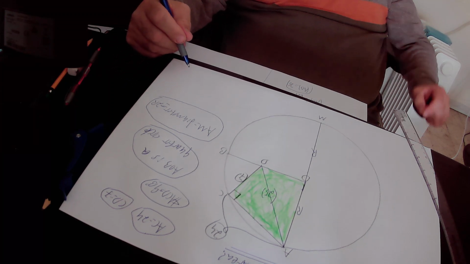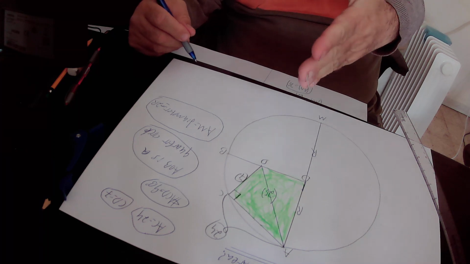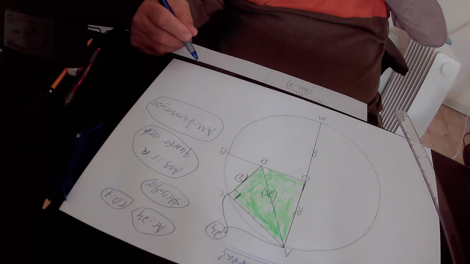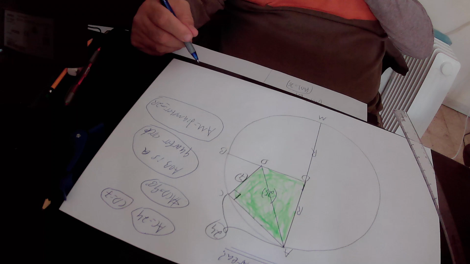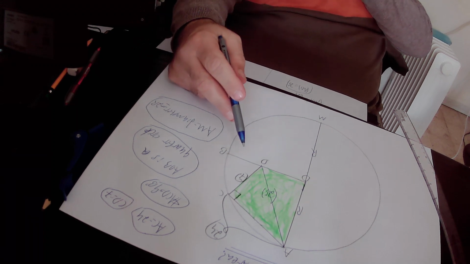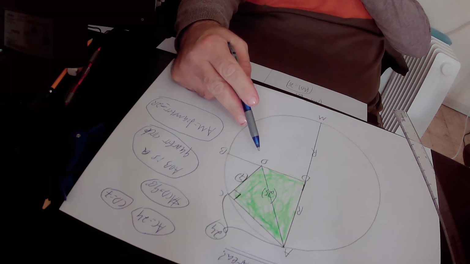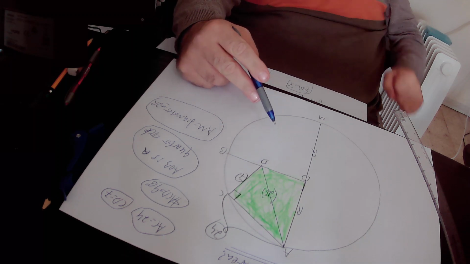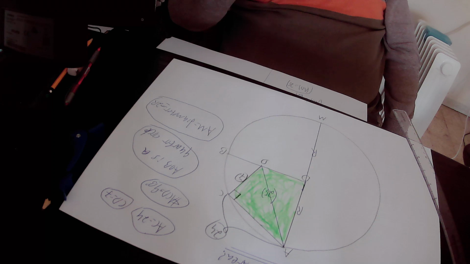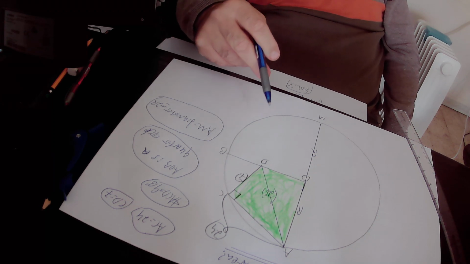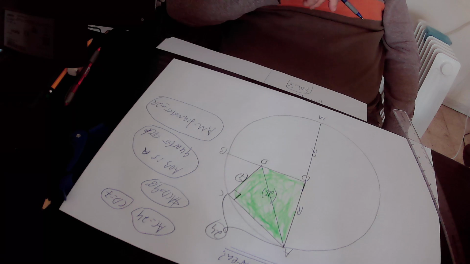Okay, so we found out that AM is the diameter of the circle, that is equal to 2R. In the next step, we will extend side CD until it touches the circle. But the real question is where the extended side CD will touch the circle.